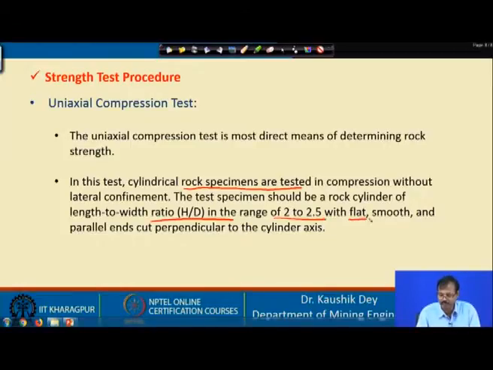The ends must be flat, smooth and parallel. There should not be any eccentricity of the sample while the loading is being carried out, and the tolerance limits are already given in ISRM and ASTM standards, which must be followed while the test is being carried out.